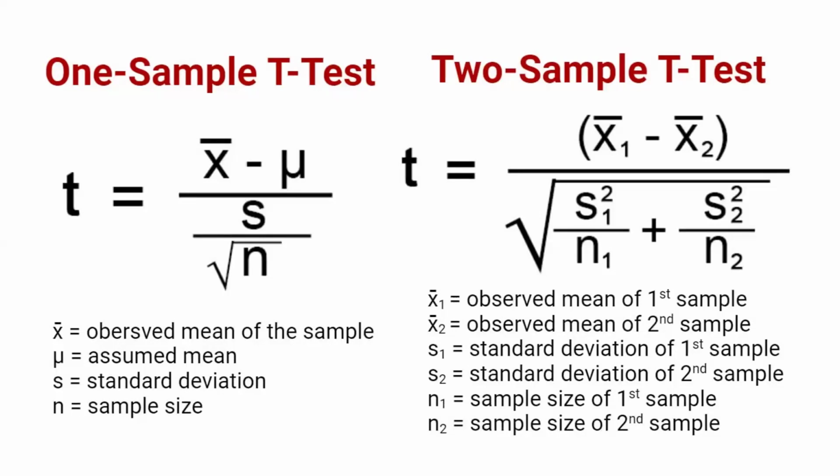So for you to calculate a t-test, you need three fundamental pieces of data. Number one, you need your mean value for each data set.